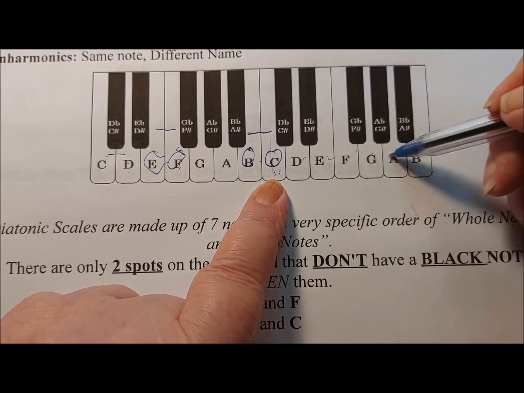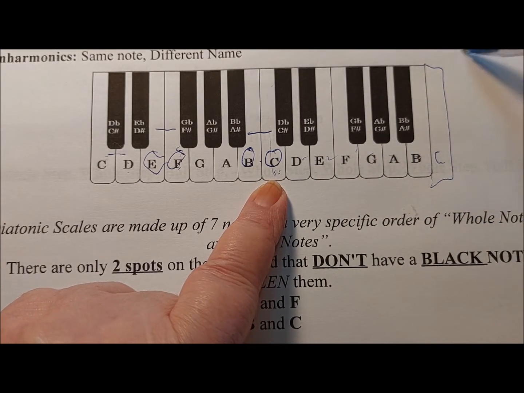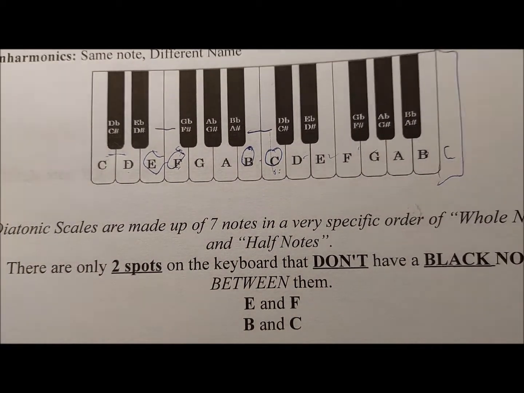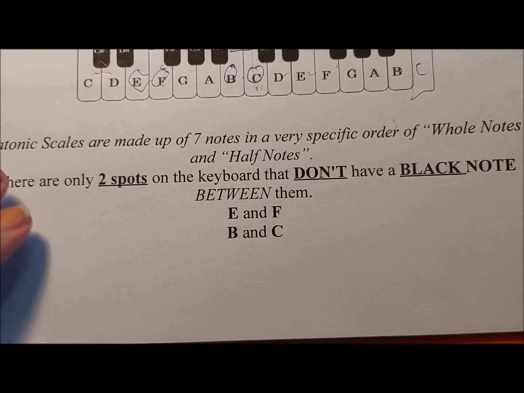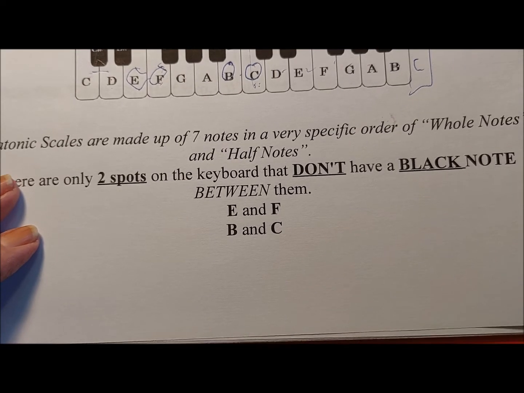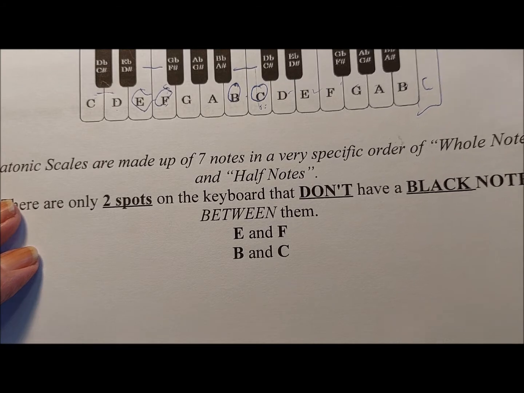C, D, E, F, G, A, B. And then C would be next if we did a thing. Only 2 spots on the keyboard that don't have the black note between them is E and F, B and C. And that's the same on your fretboard. There's not a half step between there.